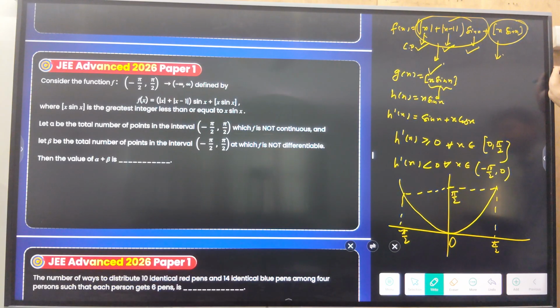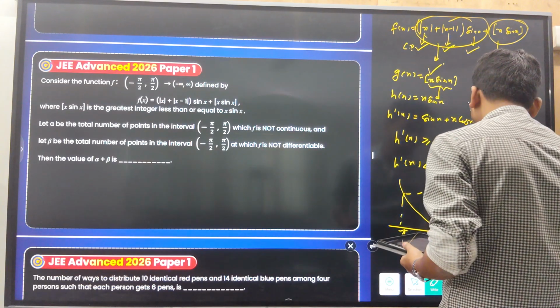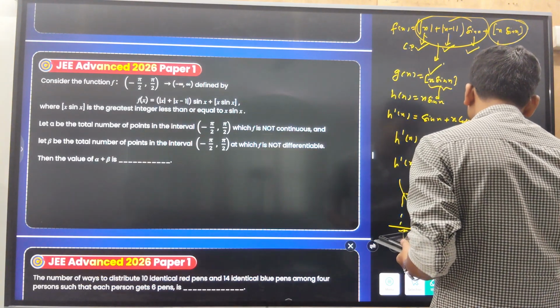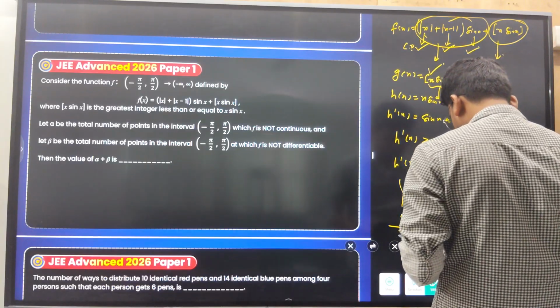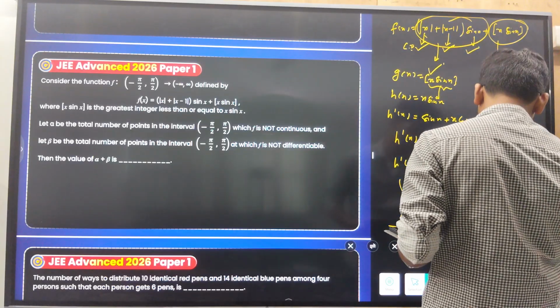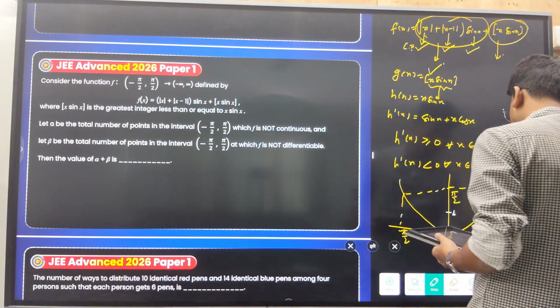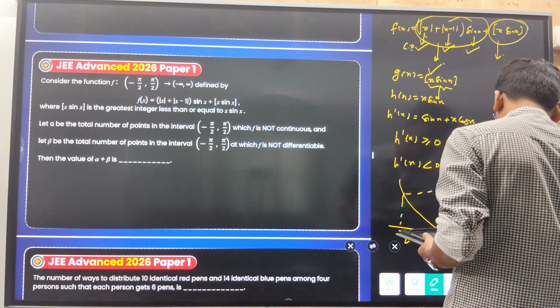You can check h double dash x. Now we have to apply the box greatest integer function to h(x). When we apply it, we can see that we get the value 1 at a particular value x1.